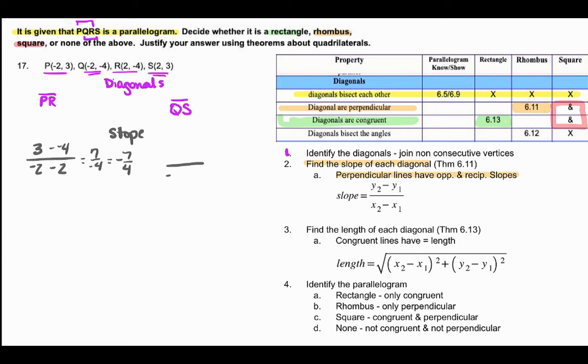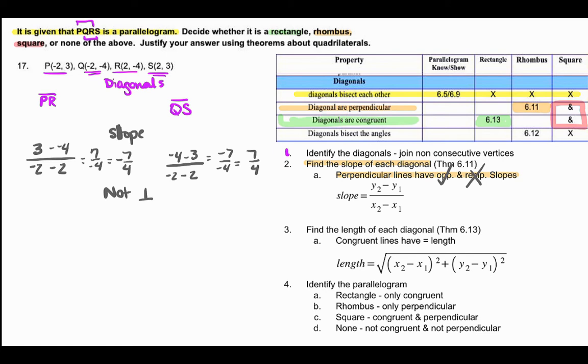So I have the x coordinate of Q minus the x coordinate of S, and the y coordinate of Q minus the y coordinate of S. And this is -7 over -4 to get a positive 7 fourths. So when we look, we have opposites, but we don't have reciprocals. So these are not perpendicular. So our slopes are not perpendicular.